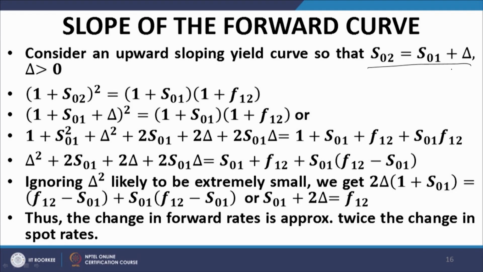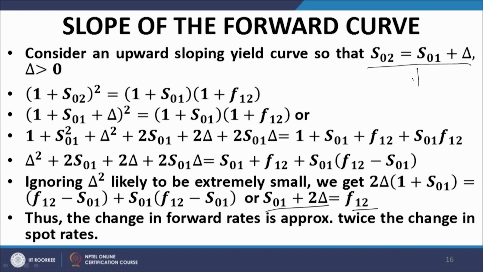Then what happens? Using the formula for the arbitrage free relationship between spot rates and forward rates and simplifying a bit, ignoring second order terms, what we end up with is that S01 plus 2 delta is equal to F12. In other words, the increase in the forward rate is twice the increase in the spot rate.